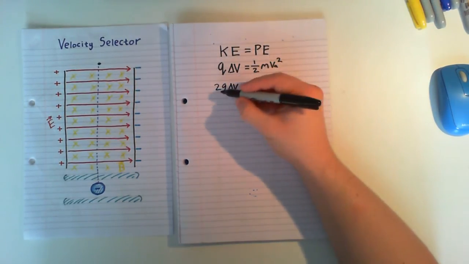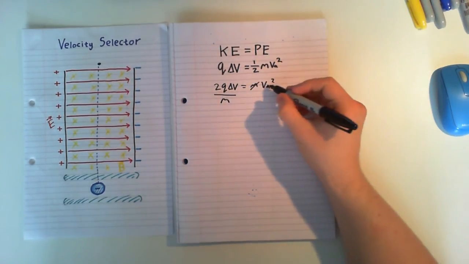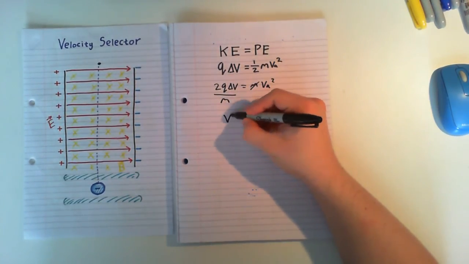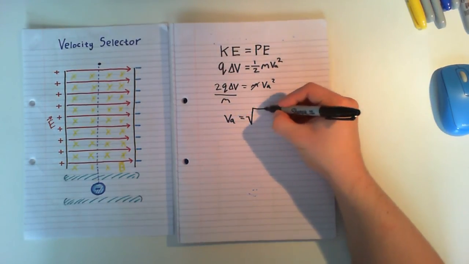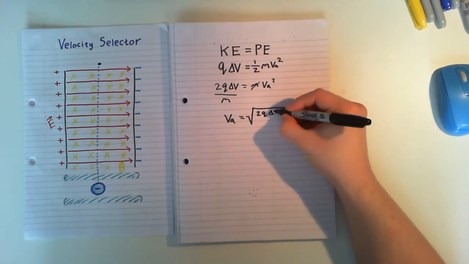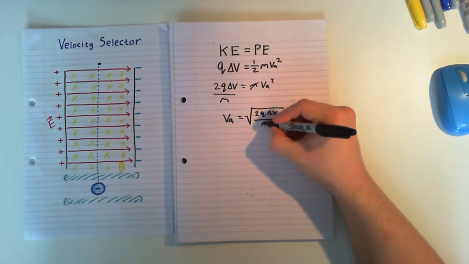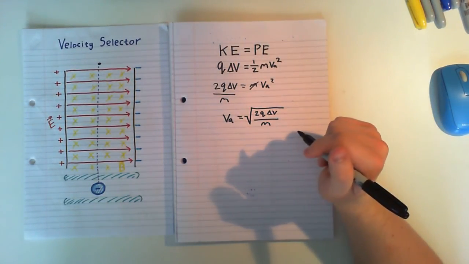Divide both sides by m, so we can get rid of our m there, put all of this over m, and then we're just going to take the square root of both sides to give us v_A equals the root of 2Q delta V over m. Nice and easy. So that's an equation for our velocity at leaving this.